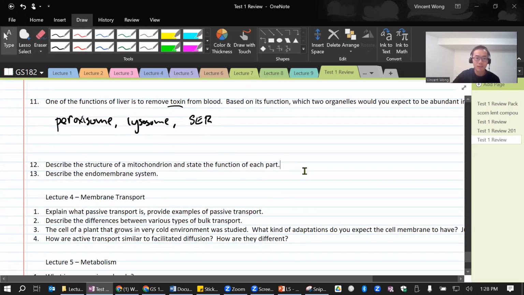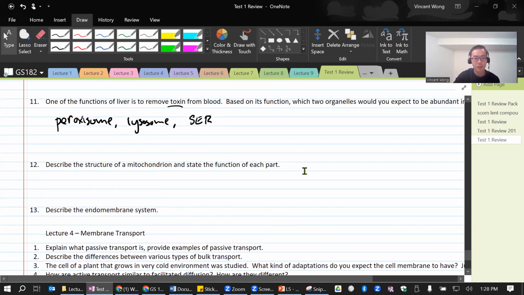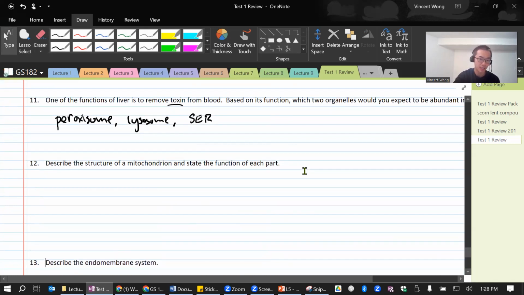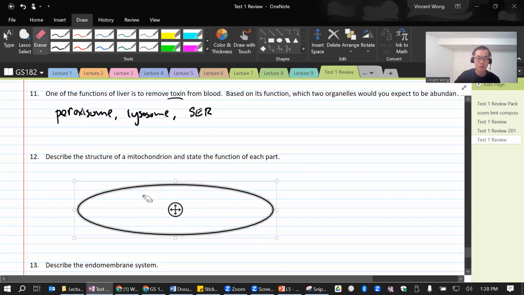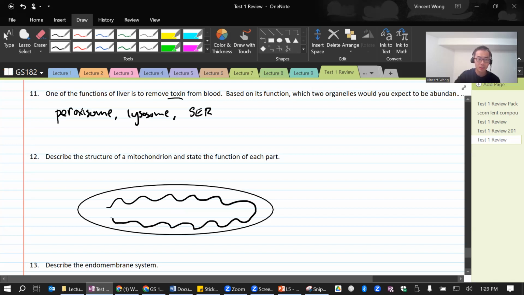Describe the structure of a mitochondrion and state the function of each part. You must be sick of the mitochondria by now. We talked about it so many times in lecture 5. But in case you want another shot at it, this is the outer membrane.